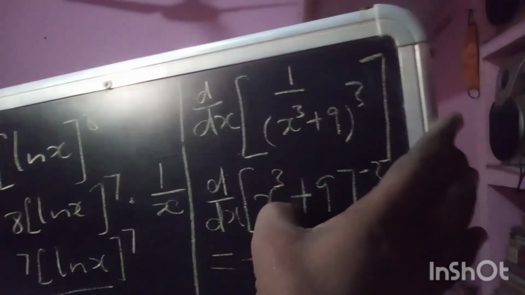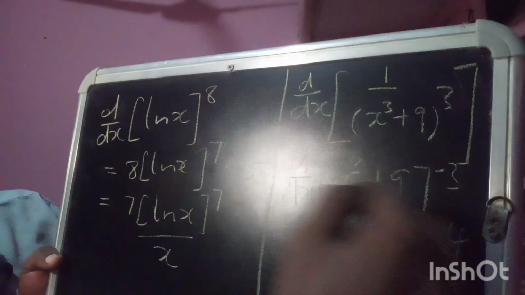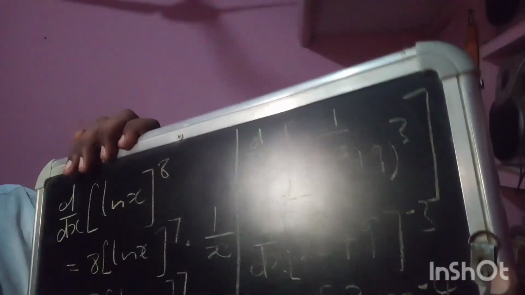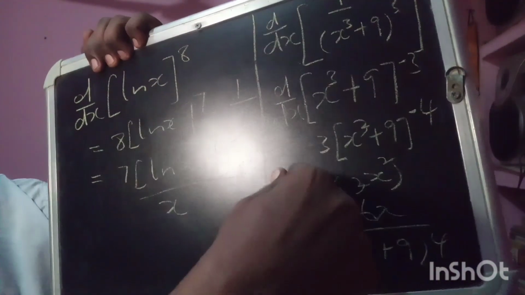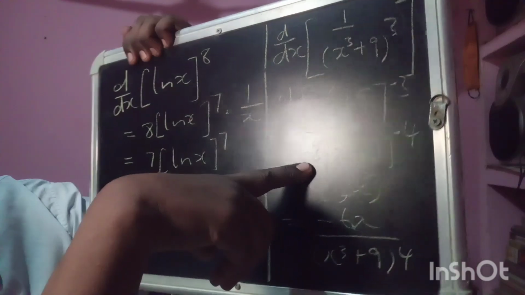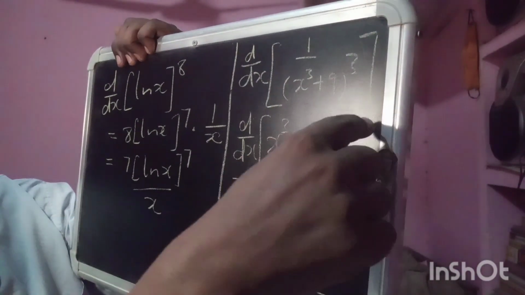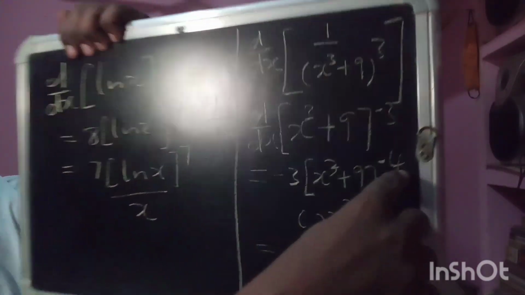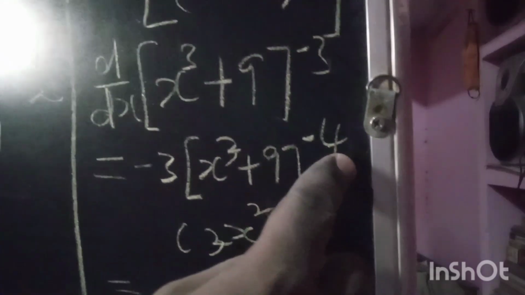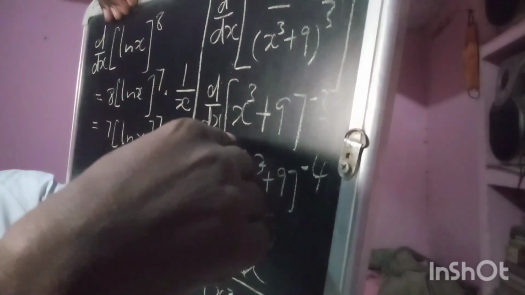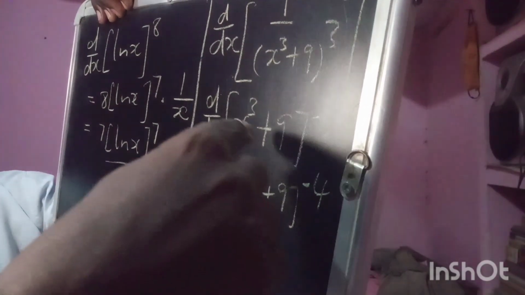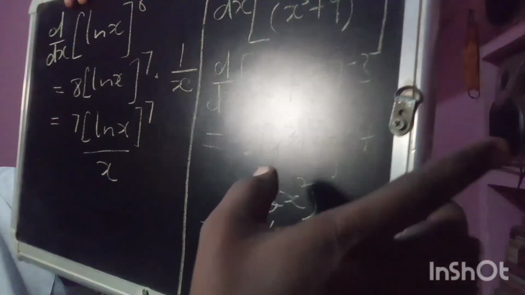So 3 will come in front as minus 3, and then you subtract 1, so this becomes minus 4. The inside, x cubed plus 9, remains the same.